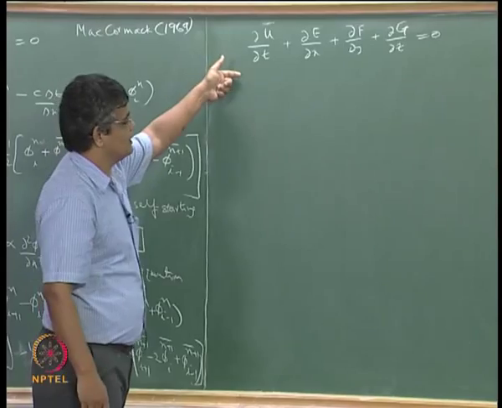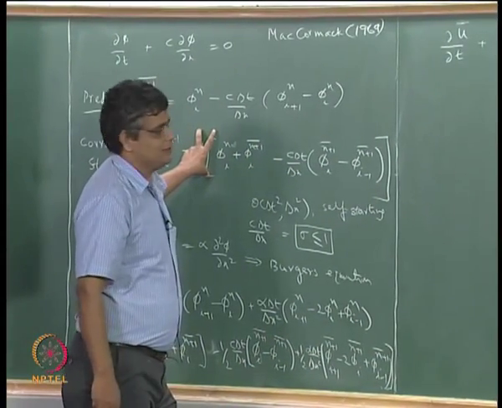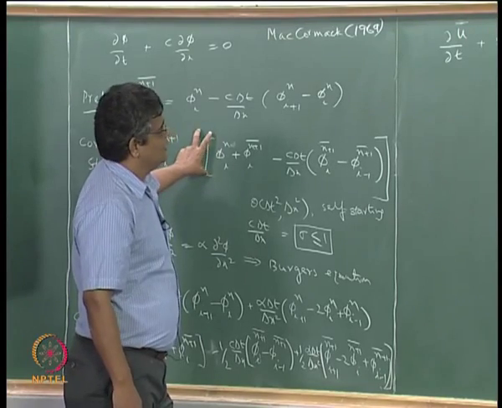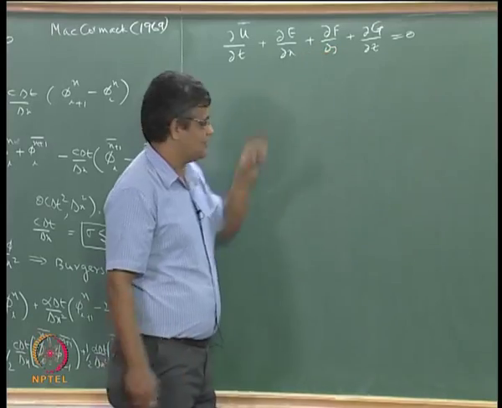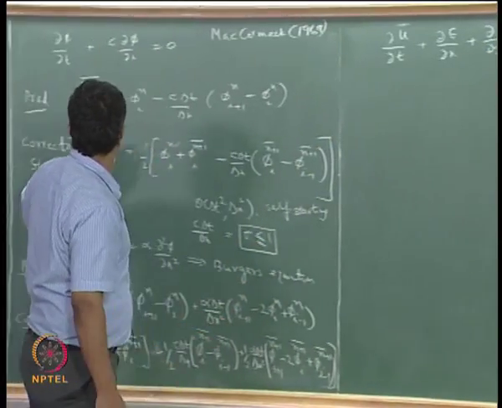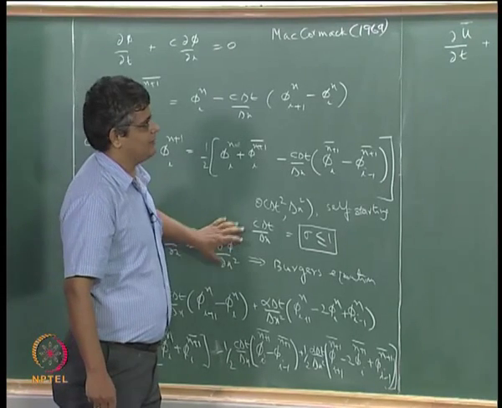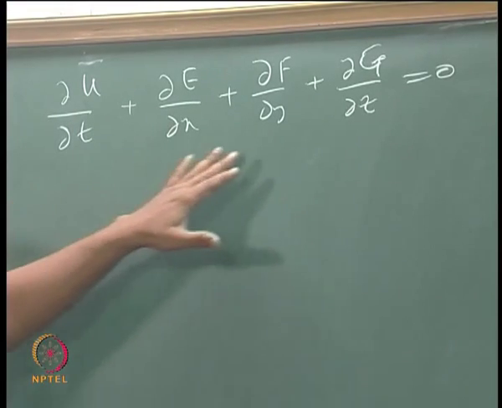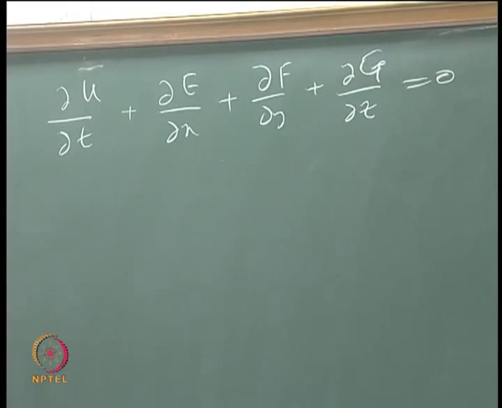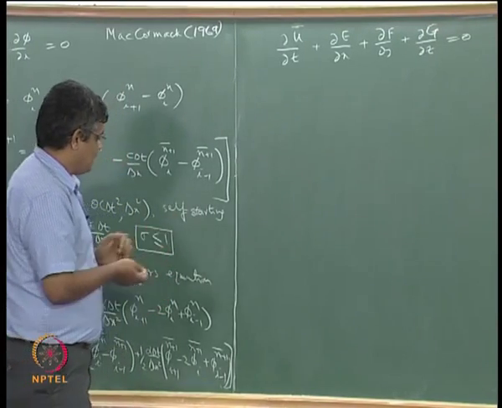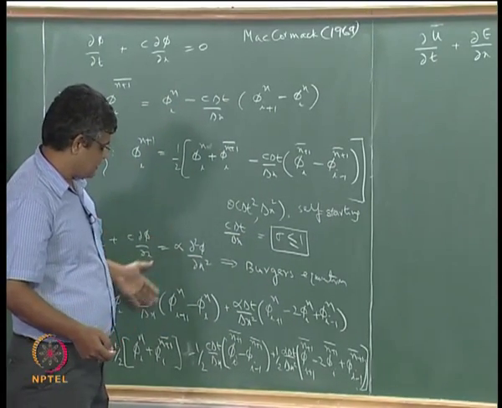Now you have an equation like this, and we can readily apply the MacCormack method to this, keeping in mind that the E, F, G terms here contain both the advection term and also the diffusion term. Okay, so although we have written it as purely this, it also includes both the advection and diffusion terms, and we have to discretize them if we are using the MacCormack method in the proper way.